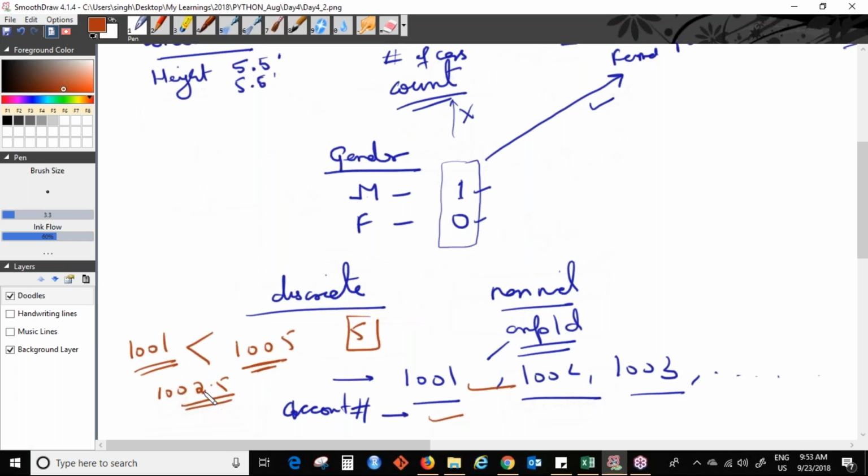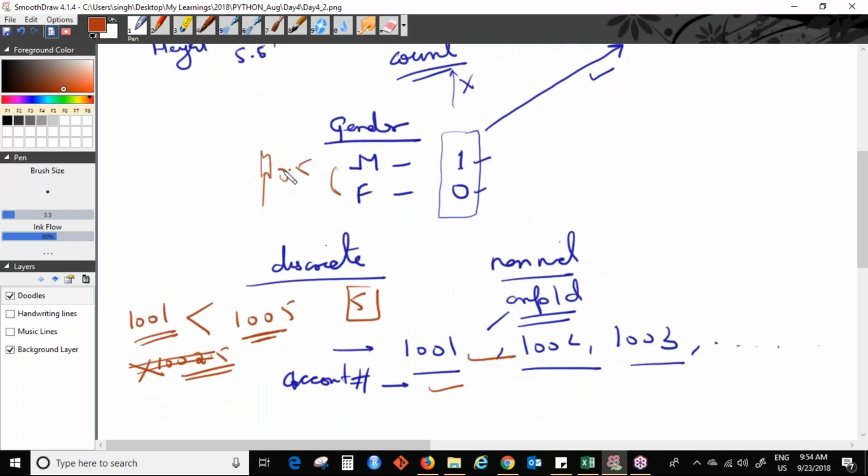Does this make sense? It doesn't make sense at all. So any numerical operations on these values will not make sense. So these are nominal. For example, male and female, if you take the average you get 0.5. This doesn't make any sense. What is 0.5?